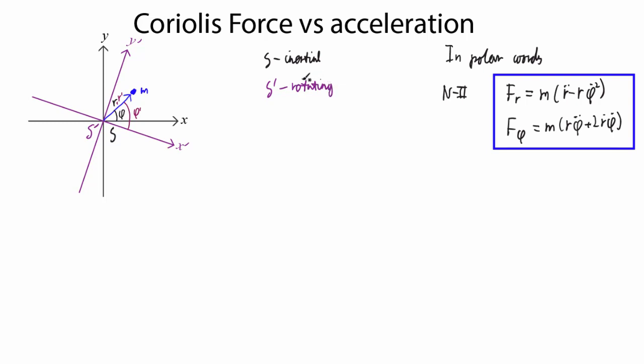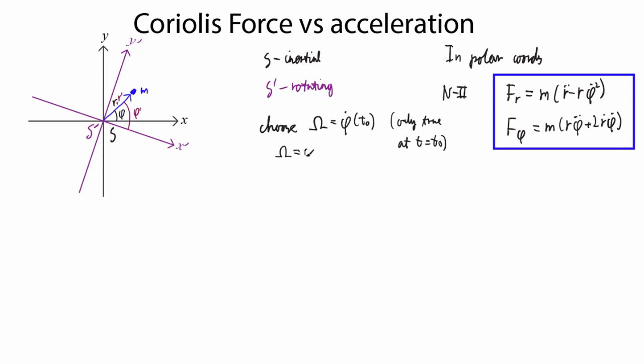And what we're going to do here is we're going to choose the rate of rotation, omega, to be equal to phi dot at time t equals t0. So in other words, this is only true at t equals t0, not at any other time.